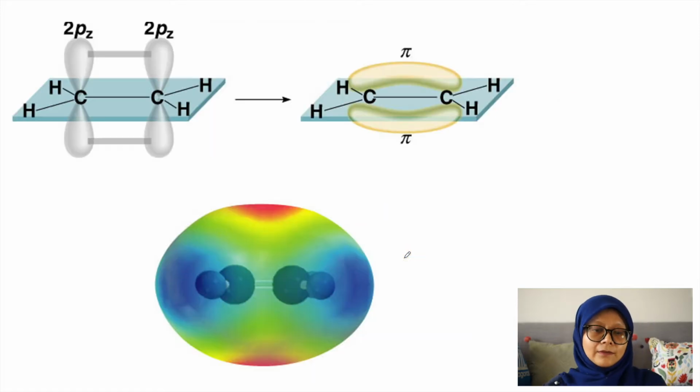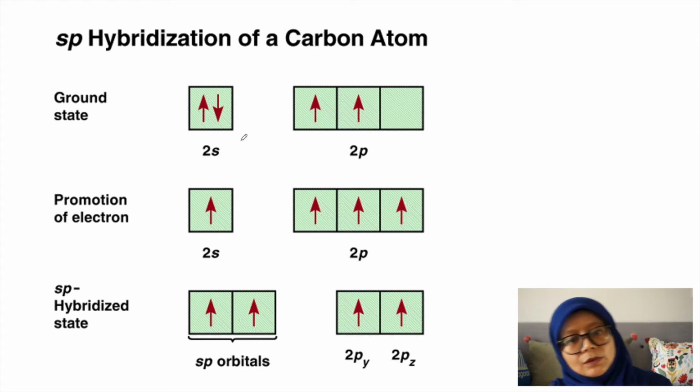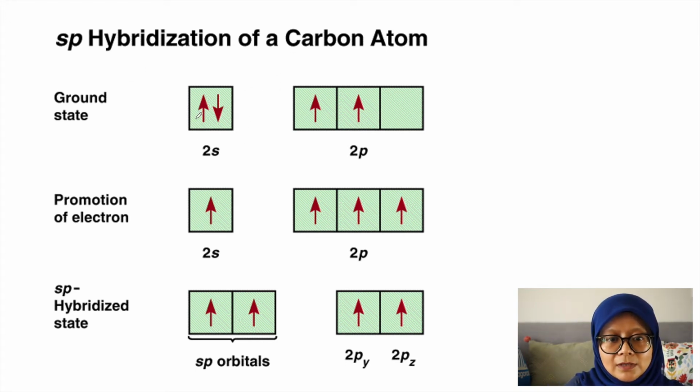Here is another diagram with the same compound, and here we go to the sp hybridization of a carbon atom. So carbon can have sp hybridization if this carbon has a C triple bond C. For the carbon here, the ground state is 2s2 and 2p2.